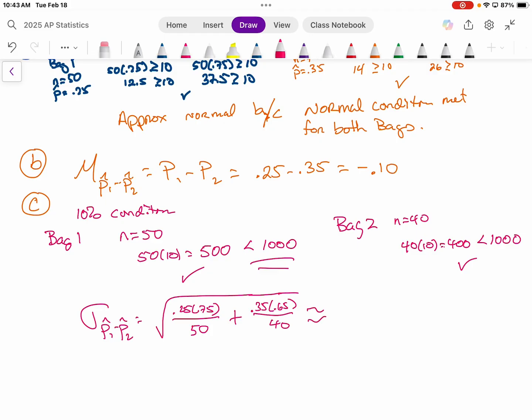And then, again, we can let the calculator do a whole bunch of the work for us if we want. All right, the math works out to be 0.0971. That's what my standard deviation is.